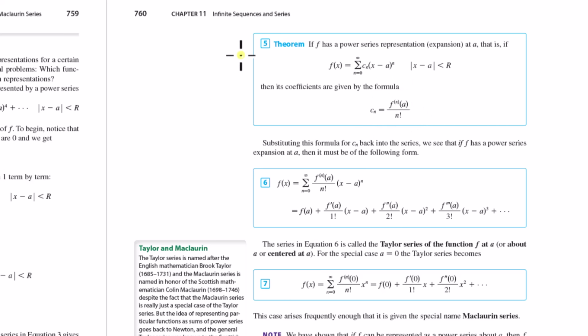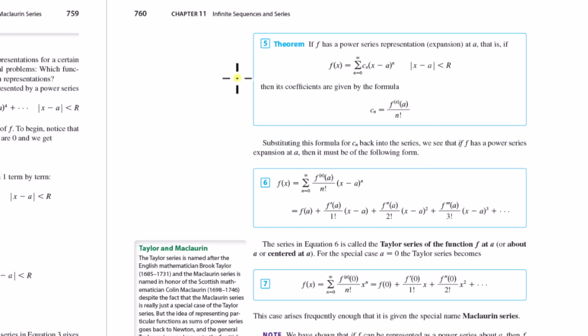Okay, now here's where some confusing, tricky points start to come in that make this section challenging. If you notice this theorem, it says if a function has a power series expansion at a. So if it does, what does that mean, if?